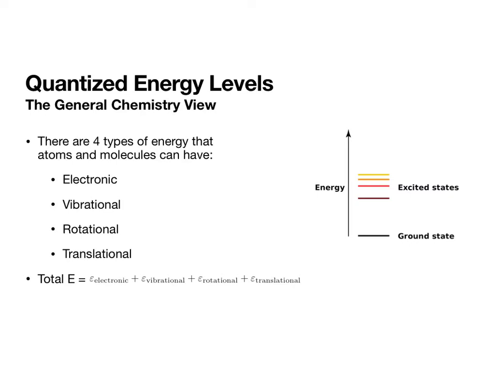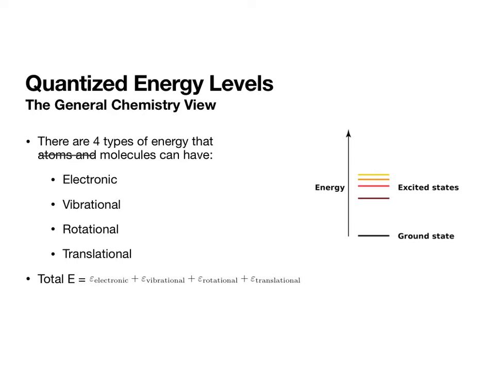So that was our Gen Chem view, in that we have these energy levels. But it turns out that as we get a bigger picture and a better view of these atoms and molecules, we're going to talk specifically about molecules. So not atoms, just molecules.